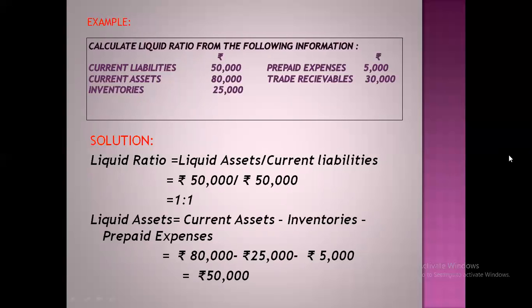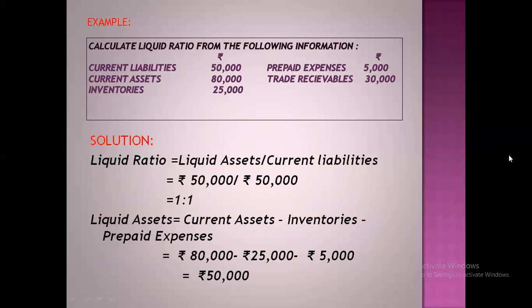And the liquid assets are those assets which can be converted into a known amount of cash within 3 to 6 months. So, to find out the liquid asset, two items will be deducted from the current asset. One is inventory, second is prepaid expense. So current asset minus prepaid expenses minus inventory will become liquid asset.